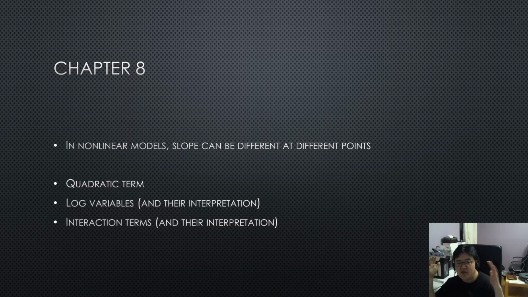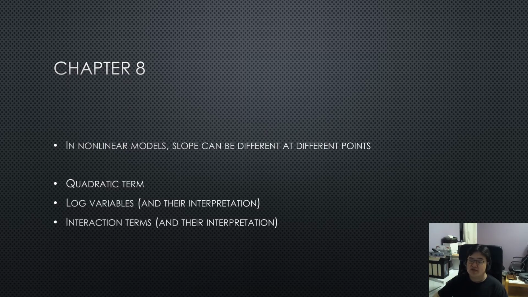So if everything is linear, beta, the coefficient beta describes everything. That's it. One number does all. But if the model becomes nonlinear, it's not true anymore. So if x changes, then the marginal effect of x also changes.